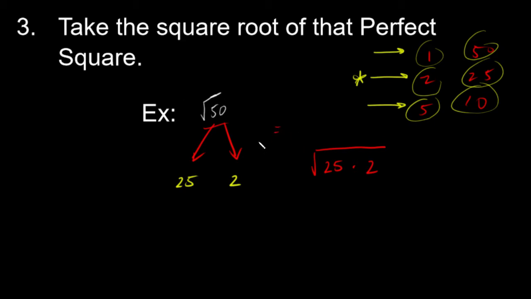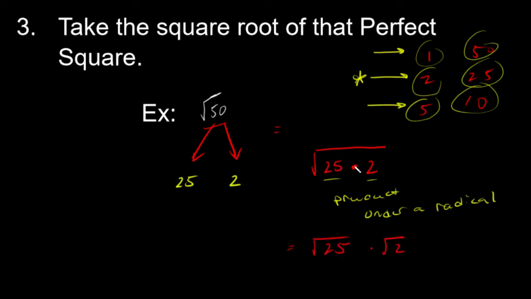This is where one property of a square root comes in. This property, which we'll write out in a minute, says that if you have a product under a radical, you can separate the product into different radicals. So this is equal to the square root of 25 times the square root of 2.